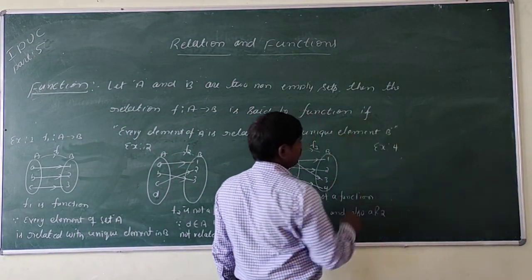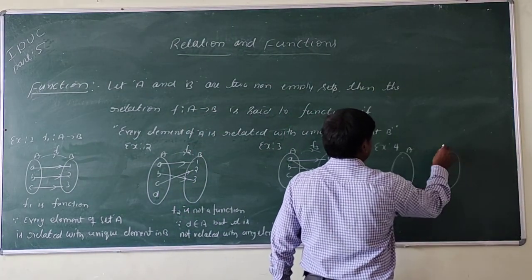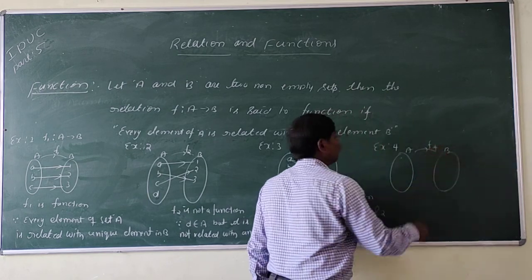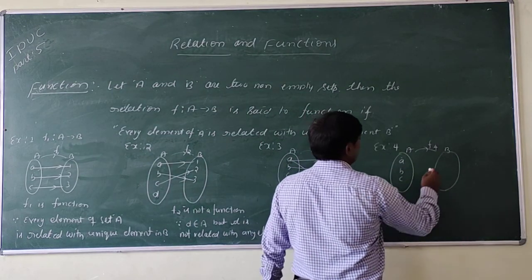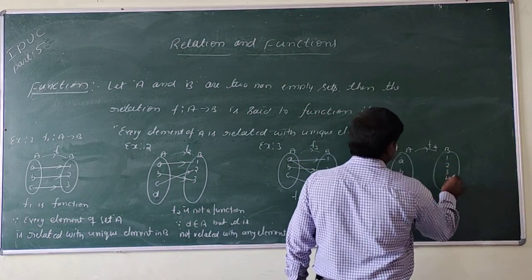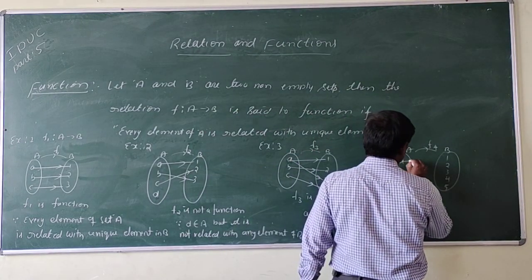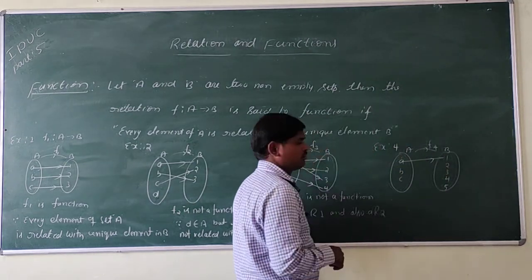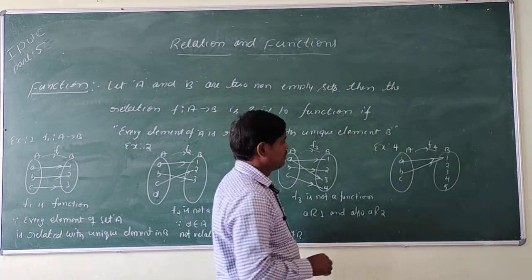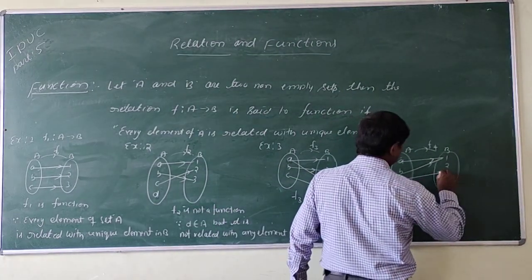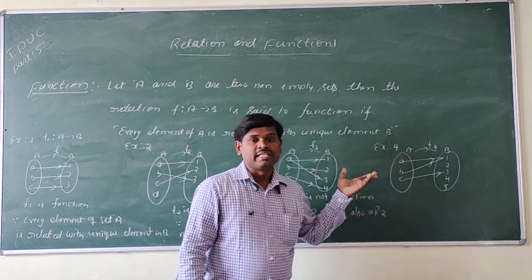Example 4. Suppose here it is set A and set B. I am taking it as F4. Here A, B, C, and 1, 2, 3, 4, 5. A is related with 1, B is related with 1, C is related with 3. Observe whether the relation F4 is a function or not.